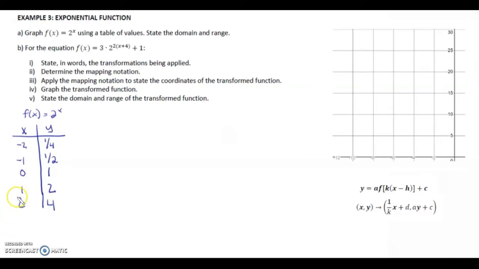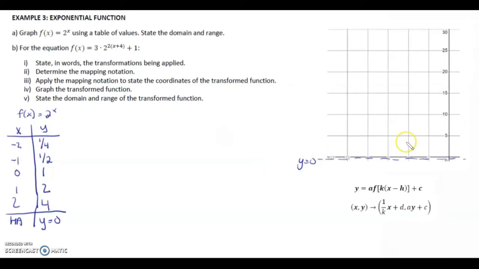Okay? Something special about the exponential function, there is a horizontal asymptote, and the original horizontal asymptote is at y equals 0. So this is y equals 0, and then we're going to graph this.